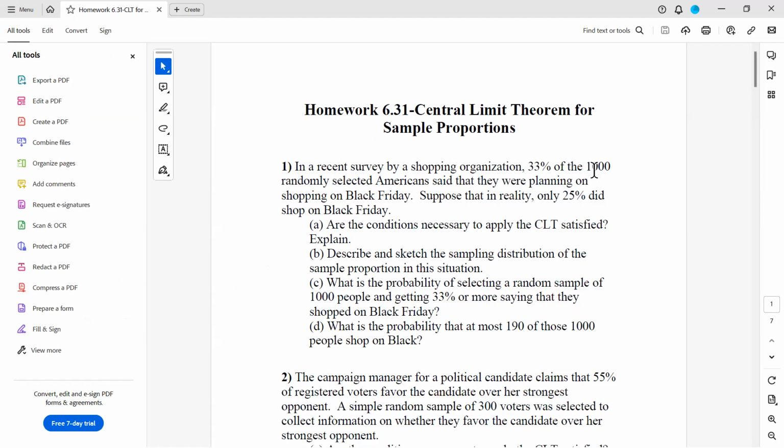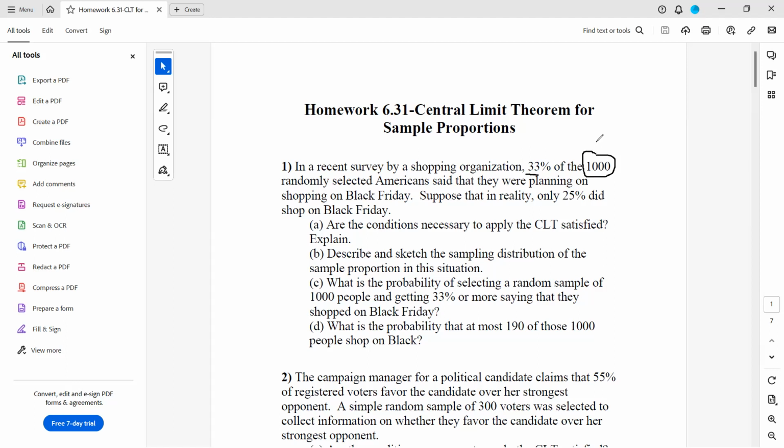That 33 is from the 1,000 people, right? You see that? So we have two proportions here. Stop and think about that. We have two proportions here, don't we? Because this 33 relates to this 1,000 people.